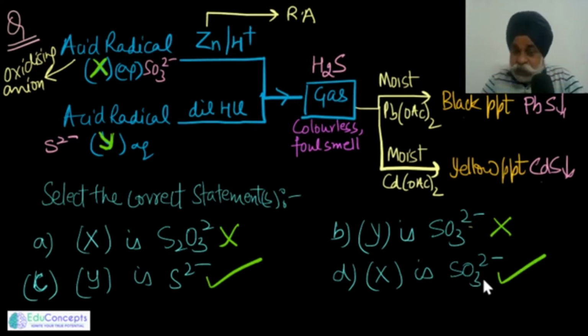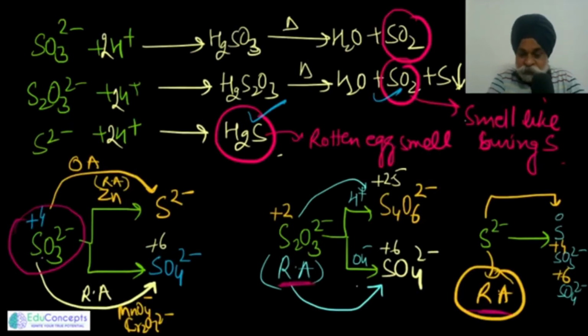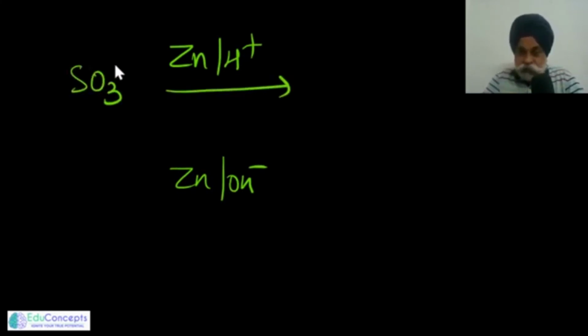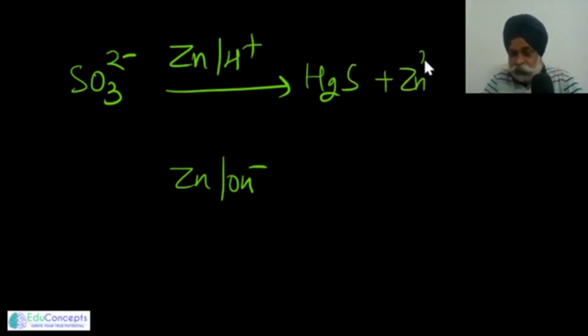Here one more thing I should add, just into your knowledge bank. Whenever you see zinc with H+, or zinc in OH-, it is also a reducing agent. This in particular is quite important, which I want you to mark. Sulfite, this radical, when treated with zinc changes to H2S, and zinc itself changes into Zn2+.